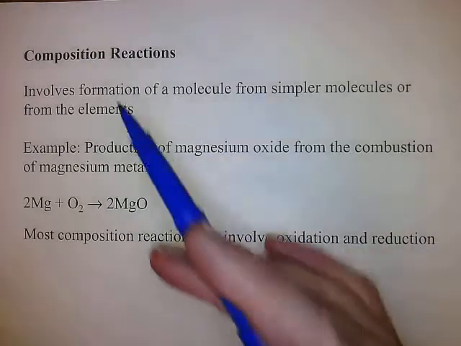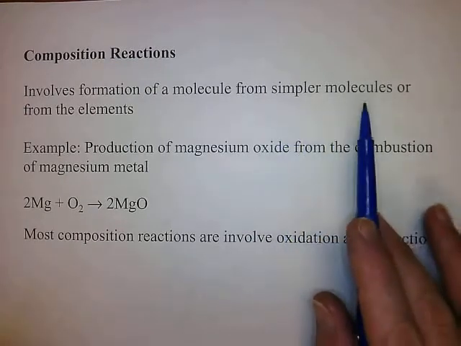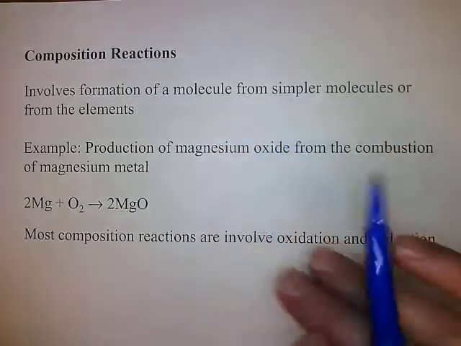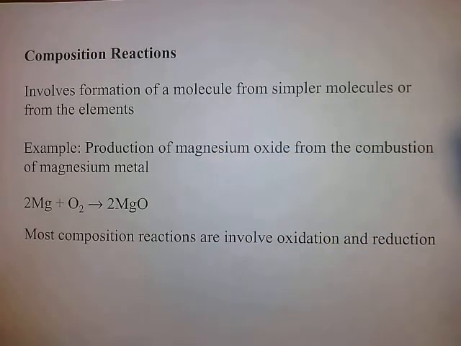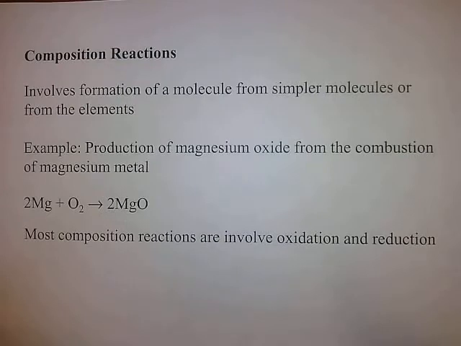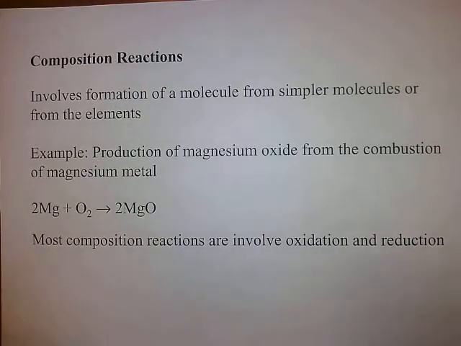So, for example, a composition reaction involves the formation of a molecule from simpler molecules or from the elements. Such a reaction might be an acid-base reaction, it might be a redox reaction. Probably the most common reactions of this type you're going to see are going to be redox reactions.